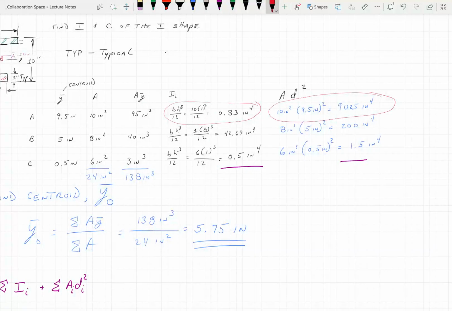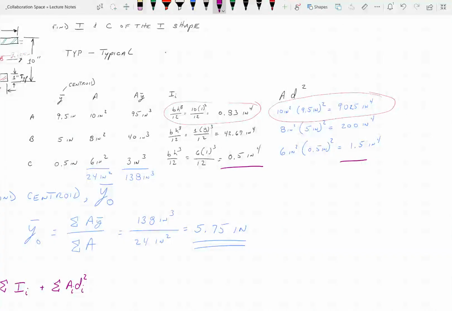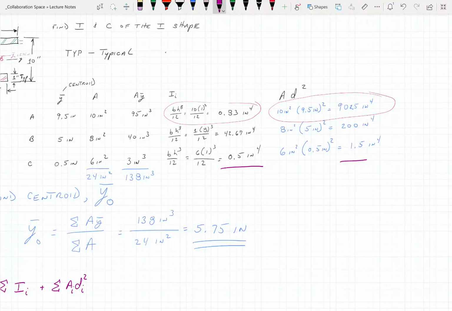Let's solve this one. So, summation of the stuff here in 0.83, 4.267, and 0.5 is. Go ahead, Tyler. Inches to the 4th.